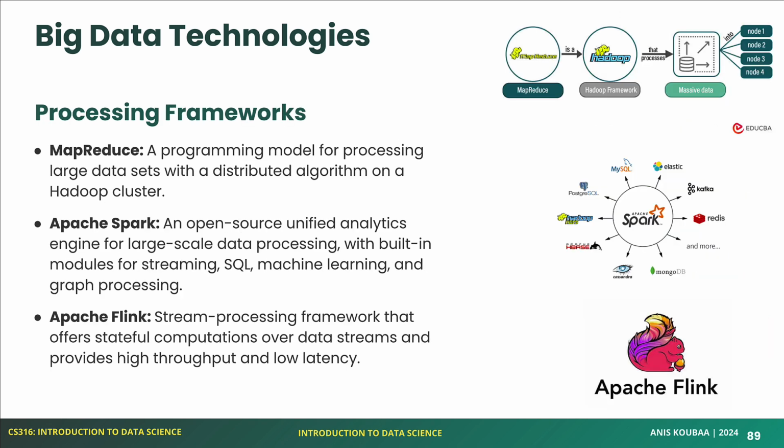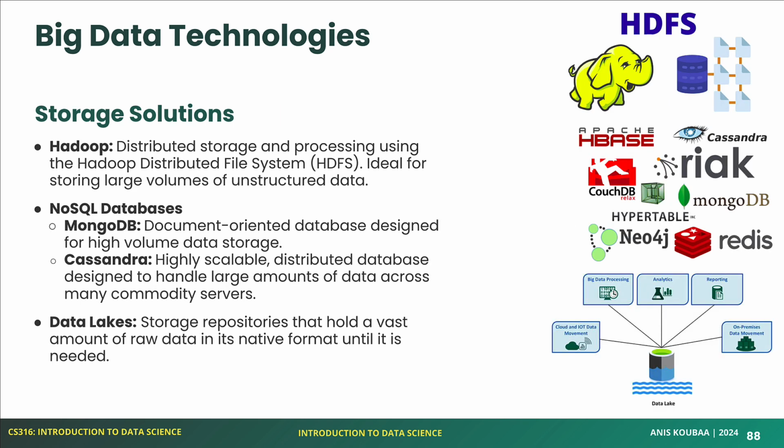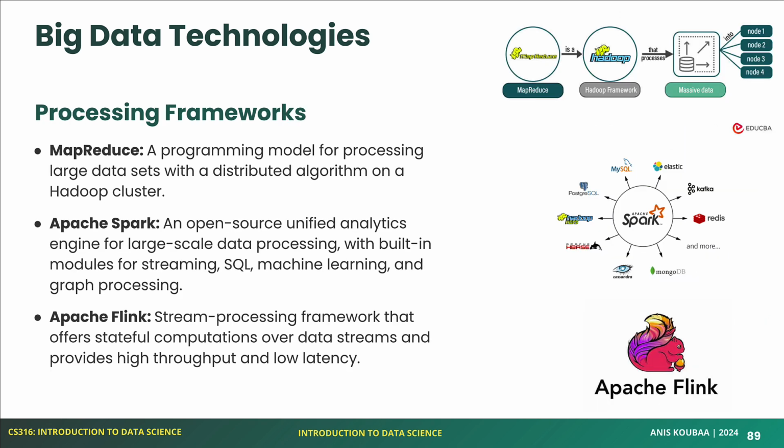So another type of big data technologies is the processing frameworks. So here we talked about storage solutions, okay, how to store big data, and also we have processing solutions. And there are different types of frameworks, like the MapReduce. It's a programming model. It's available in Python, in Java, in different types of languages that you use for processing large data sets in real time with distributed algorithms on different clusters.